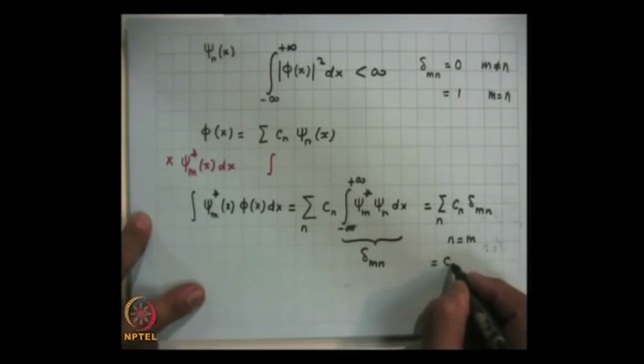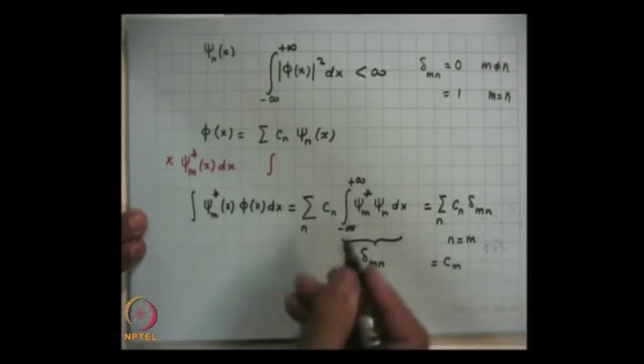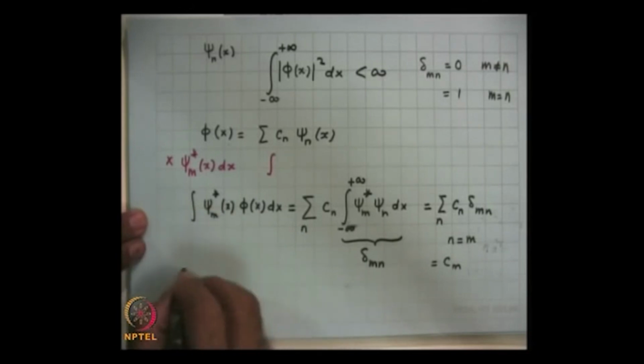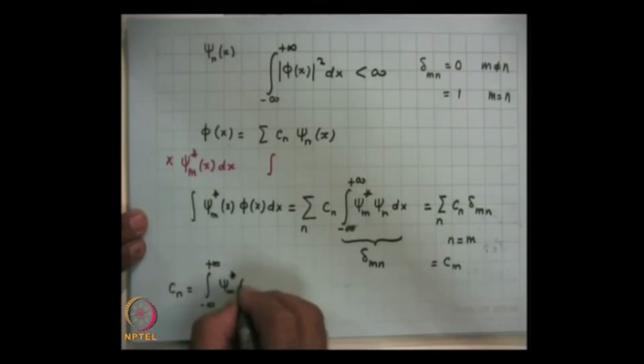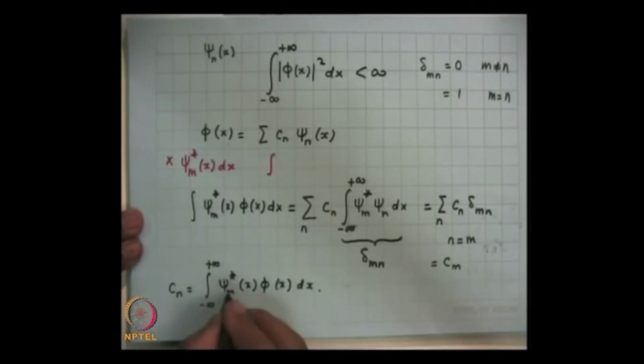So, this will be equal to C m. So, this is how we will determine the coefficient, as I had indicated in my earlier lectures also. So, C m is equal to, or I can write C n is equal to the integral, and these limits are also from minus infinity to plus infinity, psi n star of x phi of x dx. Sorry, n, this should be n.